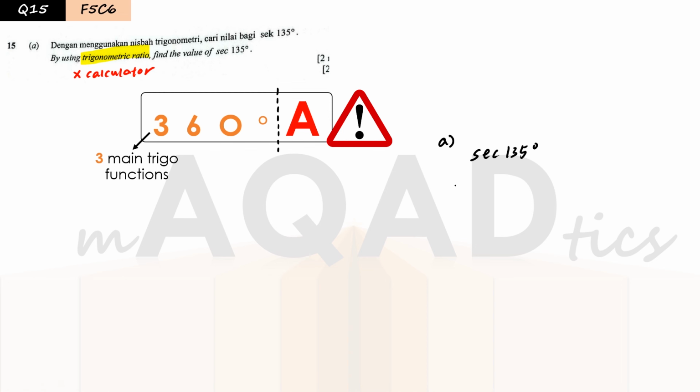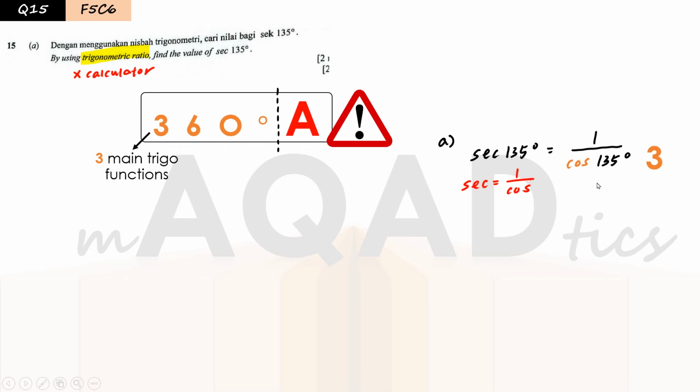Alright, so we know that secant is actually the inverse of cos, right? So why don't we change this secant 135 to be 1 over cos 135 degrees. Okay, so now you can see the trigo function here is one of the three main trigo functions already. So we have satisfied the first criteria.